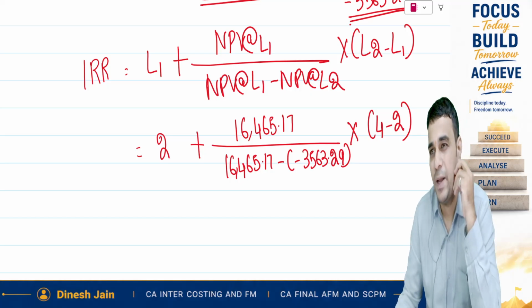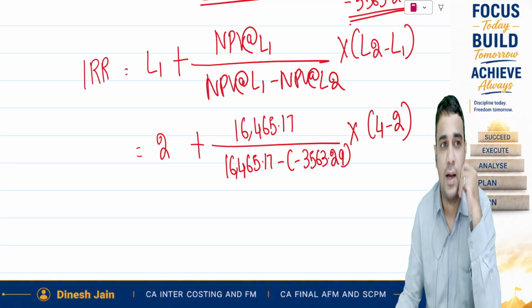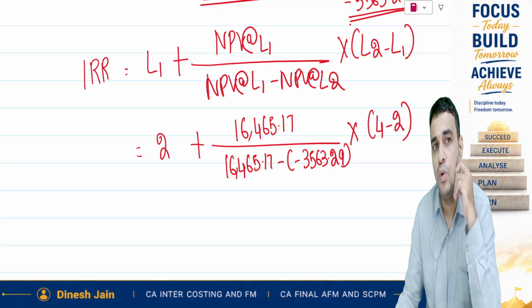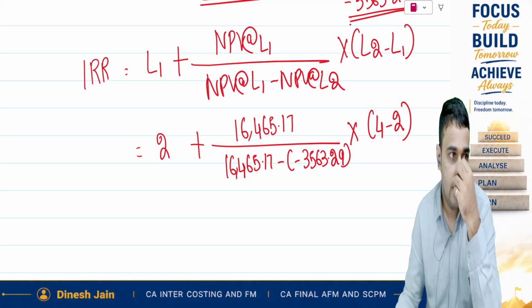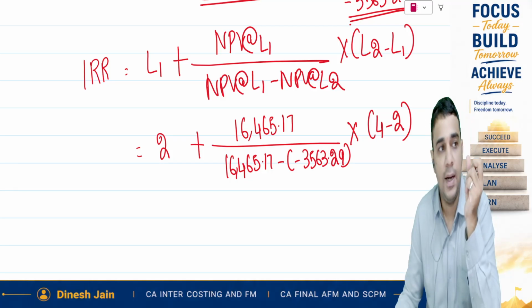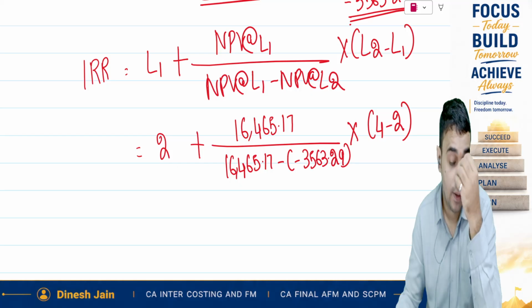Even if I try to explain, I'll not do justice at this place for the IRR formula. So we will do it when we go to capital budgeting. NPV at L1 divided by NPV at L1 minus NPV at L2 into L2 minus L1.